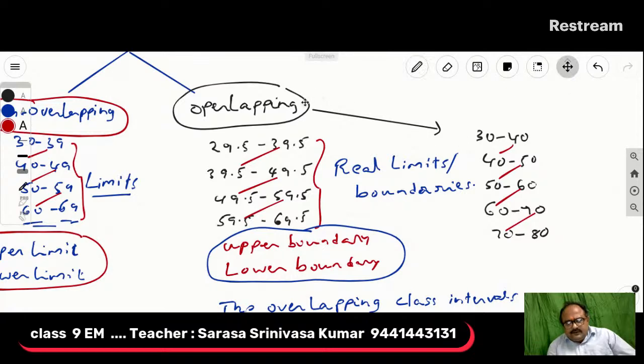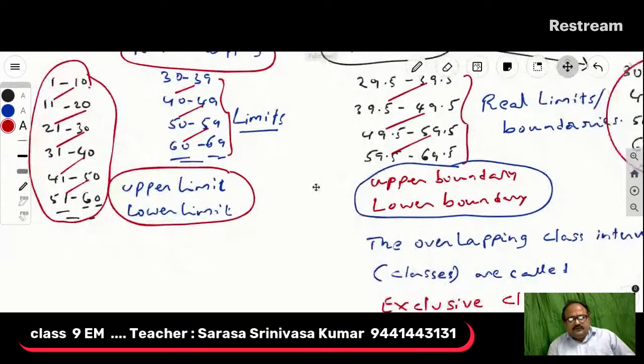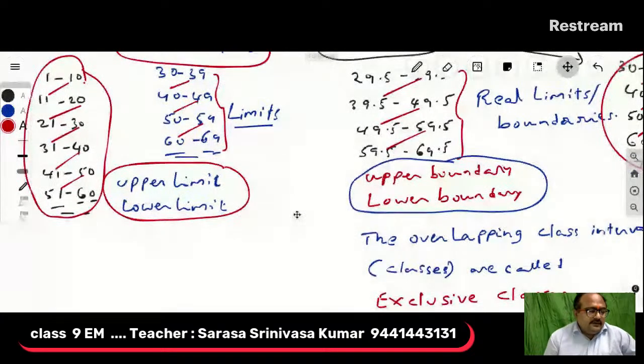So here, these class intervals are overlapping class intervals, and these class intervals are non-overlapping class intervals. So you must understand overlapping class intervals and non-overlapping class intervals.